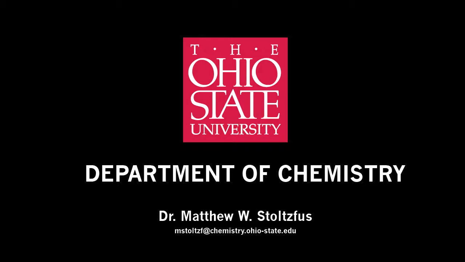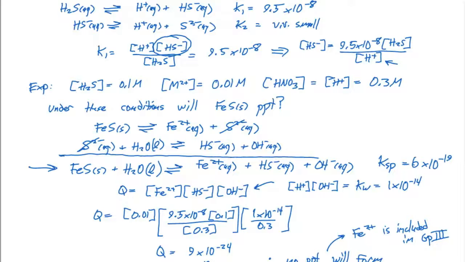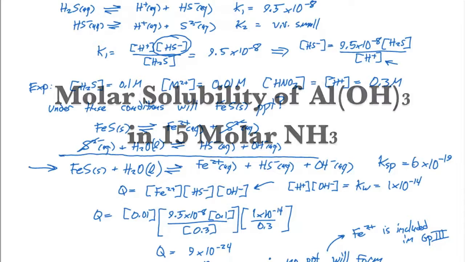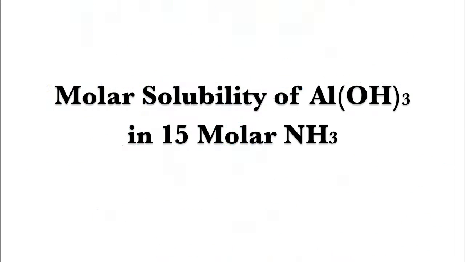We also said that the group 3 cations will eventually precipitate out as we raise the pH. So the next part of this particular question will be, at which pH will FeS precipitate using our experimental conditions?